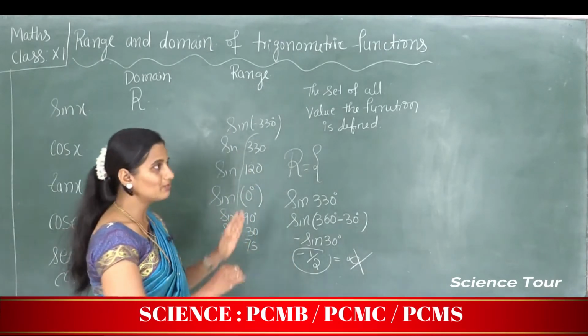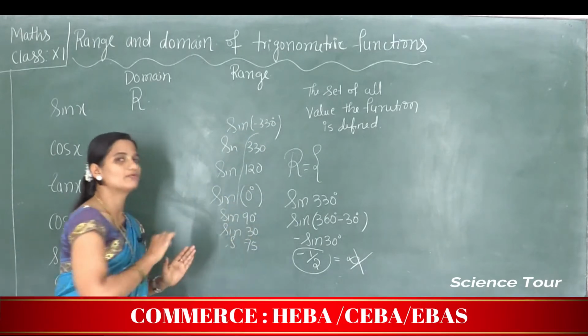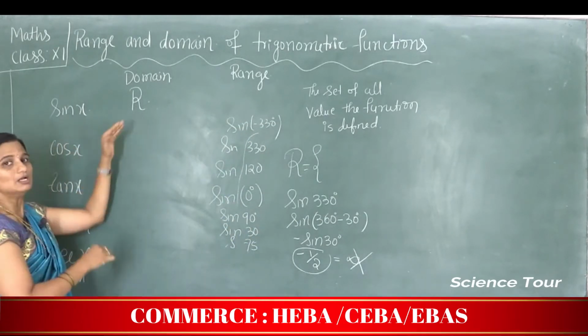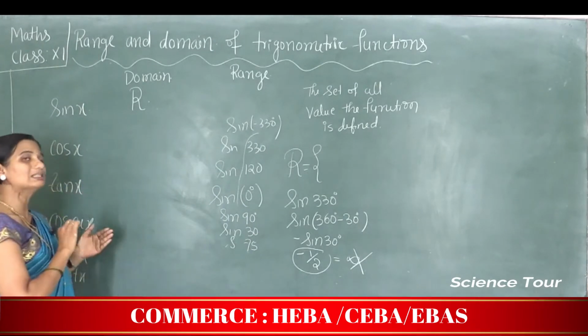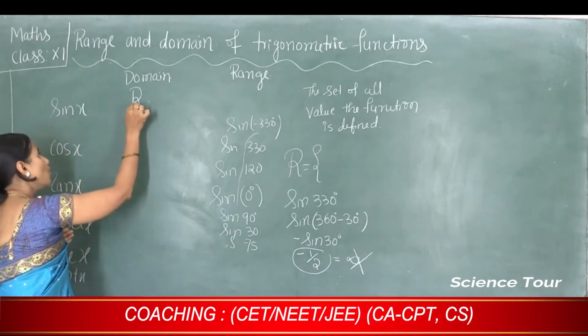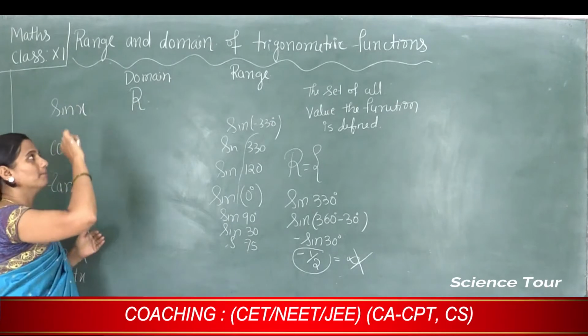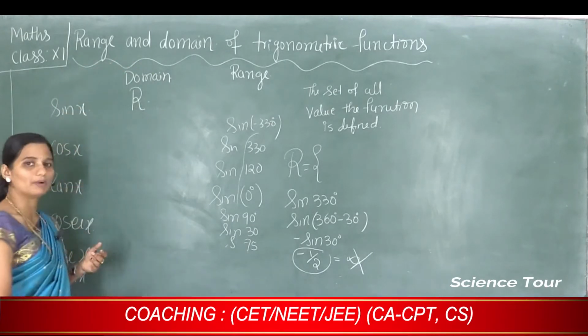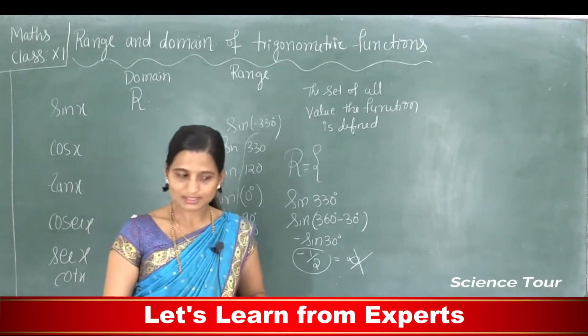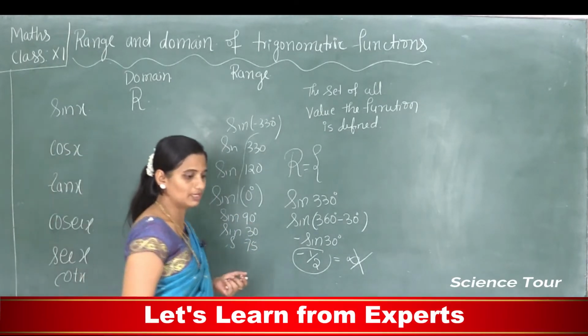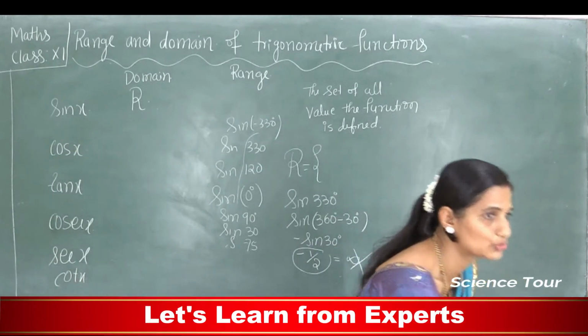But for whatever value we substitute in the sine function, we don't get infinity, so we say the function is defined for all real numbers, and that is the domain. Clear? Yes. Now we will discuss the range.